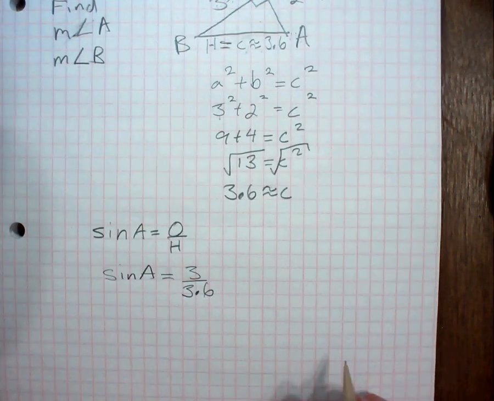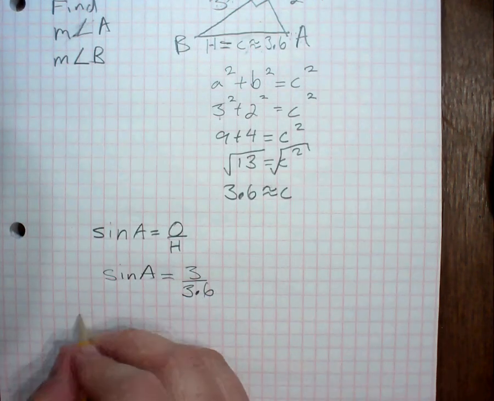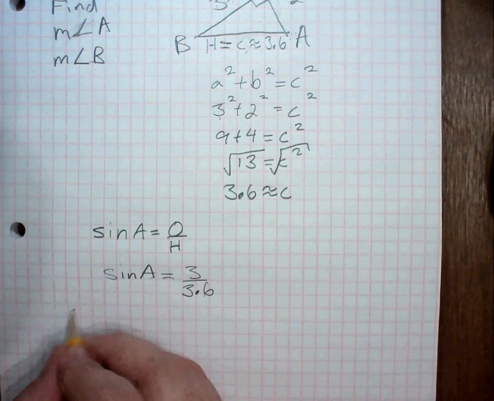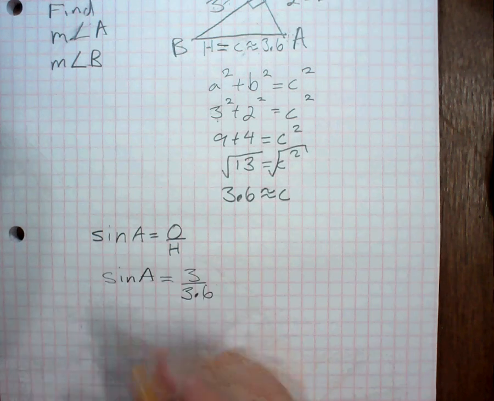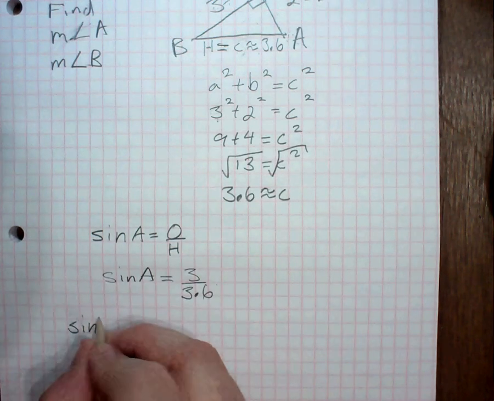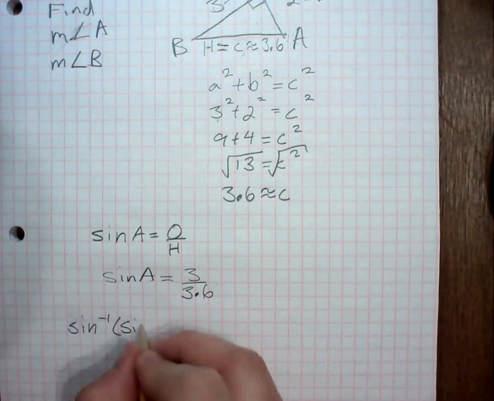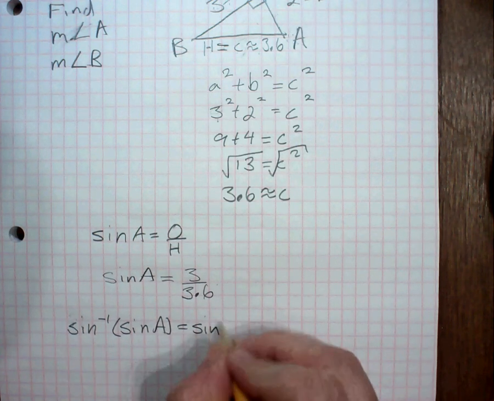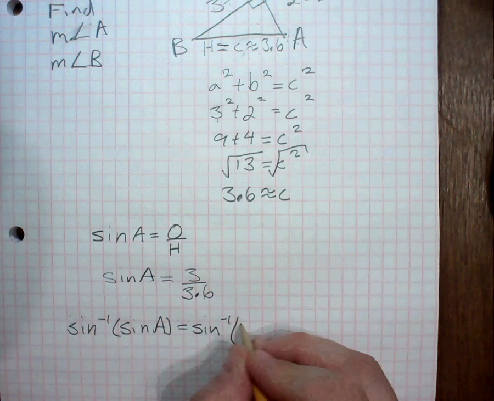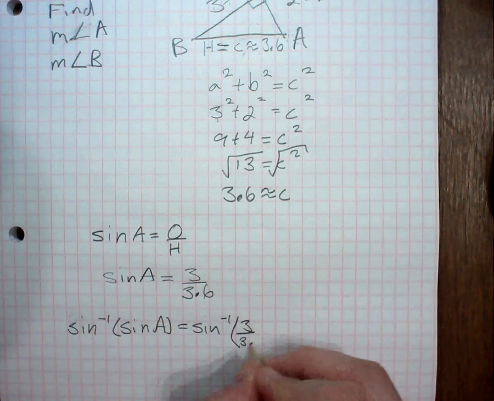So to find the measure of angle A, I'm going to take arc sine of both sides. So I'm going to say arc sine, or the inverse of sine, of A is equal to the arc sine of 3 over 3.6. Okay?